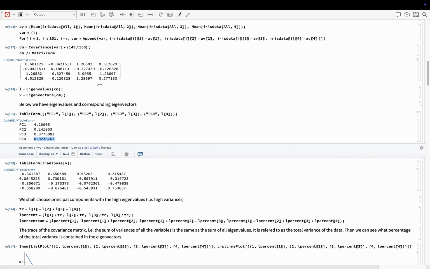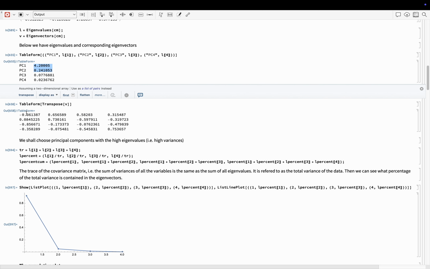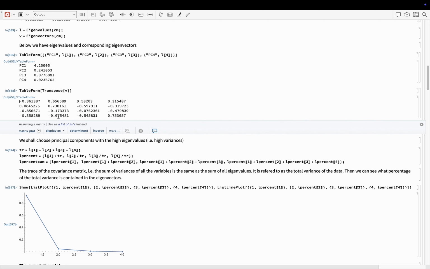What we want to do is choose a smaller number of variables, those principal components, so eigenvectors, in such a way that we don't lose too much of the variance. Therefore, we start from the top. And when we stop depends on our decision. Before we discuss choosing principal components, let us look at eigenvectors.